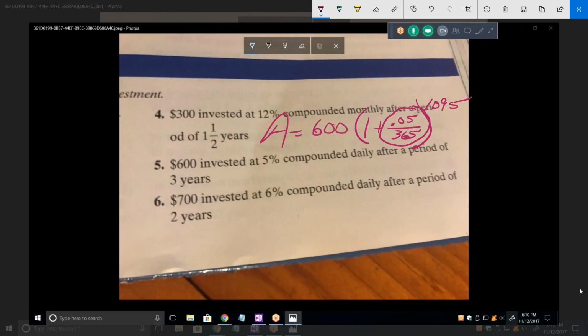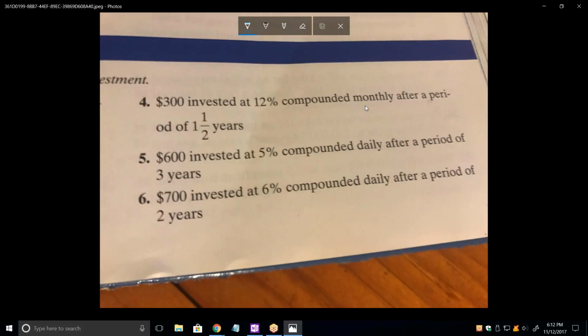Why don't you send me more? Because we haven't done any of the hard ones. The next hard one would be where they don't give you the rate, but they tell you that it grows by some amount after a certain amount of years, and then they give you another question that makes you work out what it would be in 15 years.